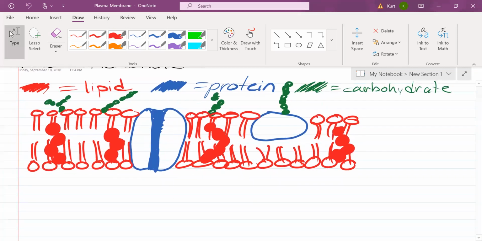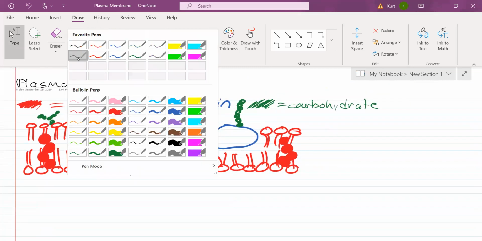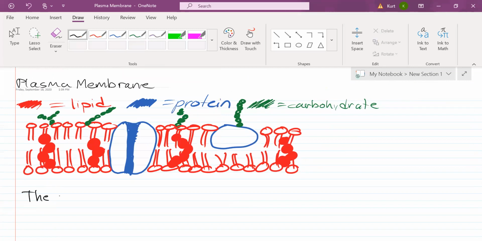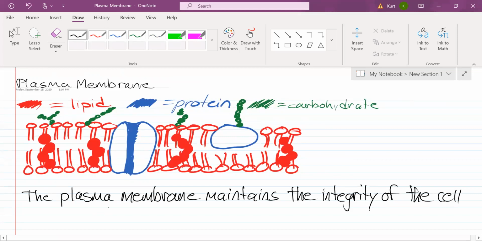So, quick breakdown of just what the plasma membrane is. Also called the cell membrane, no difference there. The plasma membrane maintains the integrity of the cell, and it consists of these three macromolecules.